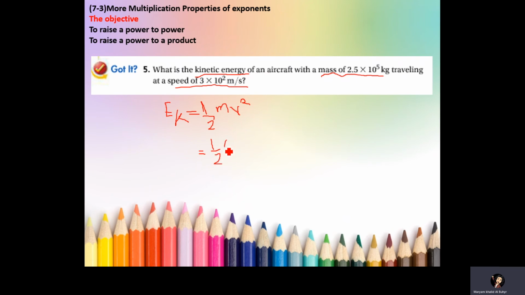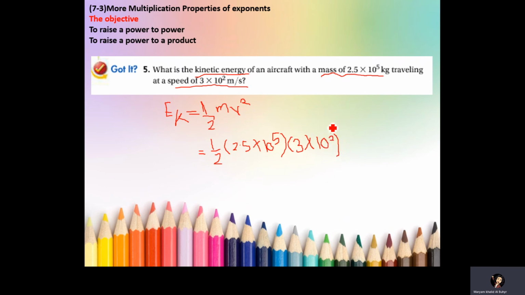So here we have 1/2 m. What is m? It's 2.5 times 10 to the power 5 times v. What is v? It's given 3 times 10 to the power 2.